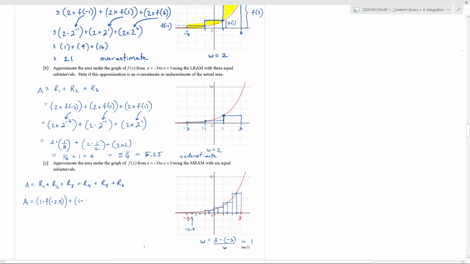Plus, so that's the first three, plus the fourth rectangle, so I've done 1, 2, 3, a width of 1 times a height of f at 0.5. Fifth rectangle has a width of 1 times a height of f at 1.5 plus 1 times f at 2.5 for the final rectangle. And now we need to evaluate all those.